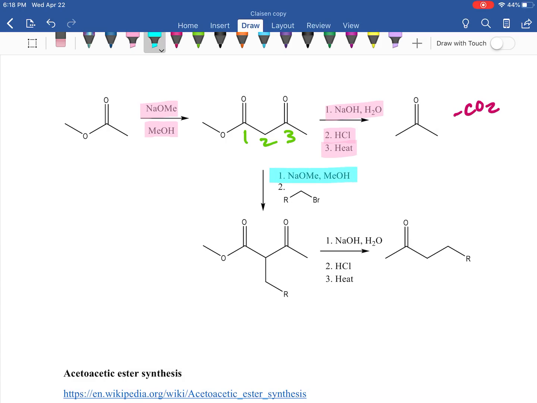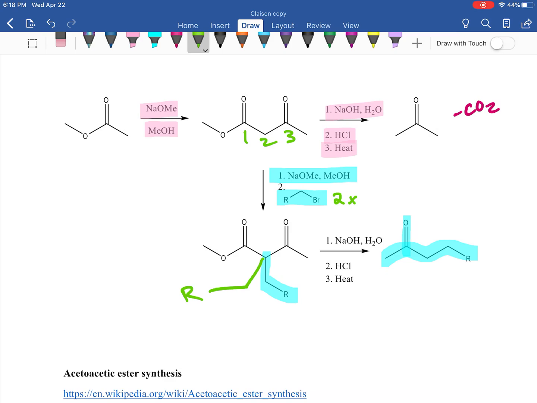You can go straight to the decarboxylation. This is minus CO2, and you go right to that ketone. But you can also, in the middle of this synthesis, you're already in base. If you add any kind of alkyl halide, you're going to alkylate here, and then you can go straight to that substituted ketone.